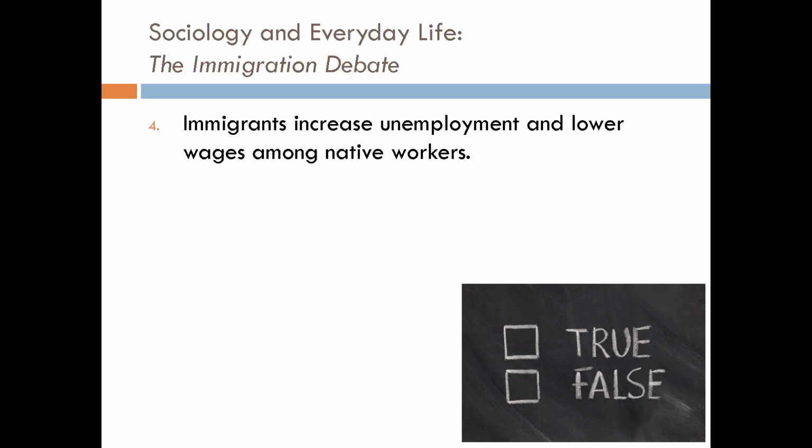Fourth, immigrants increase unemployment and lower wages among native workers. A lot of people are coming to other countries, and some people in those countries are native. A lot of additional people come and they are ready, they are satisfied with having a job, doing your work, for employment, for lower wages.